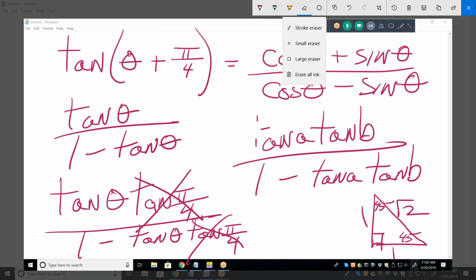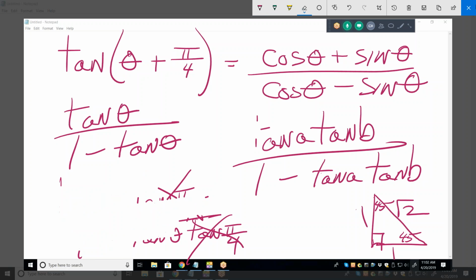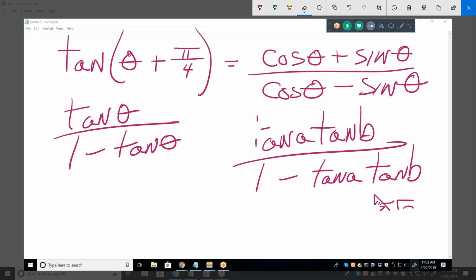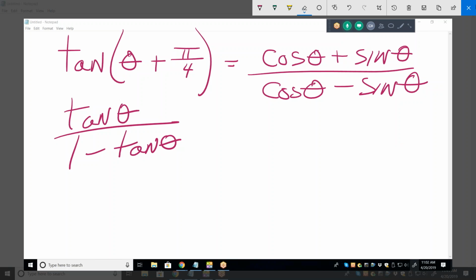Now, that's what I have to prove is equal to the thing on the other side. In other words, I've used the tangent sum and difference formula to convert that to tan of theta plus 1 over 1 minus tan of theta.